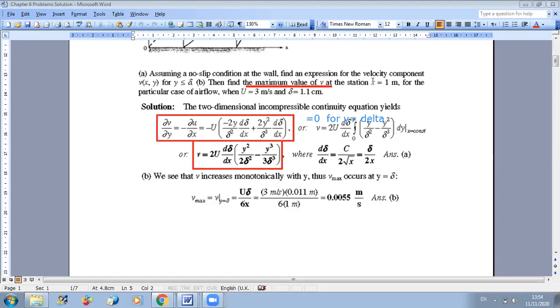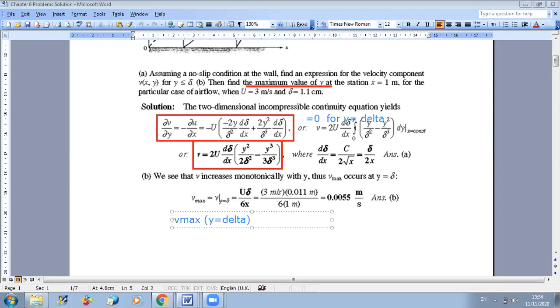You replace x equal 1 meter in the equation of delta and you will obtain the numerical value of delta, which is 0.011. And now, once you find it, to find v maximum, you go back to the expression of velocity and you replace y by delta. So let us do it together. V max is for y equal to delta.